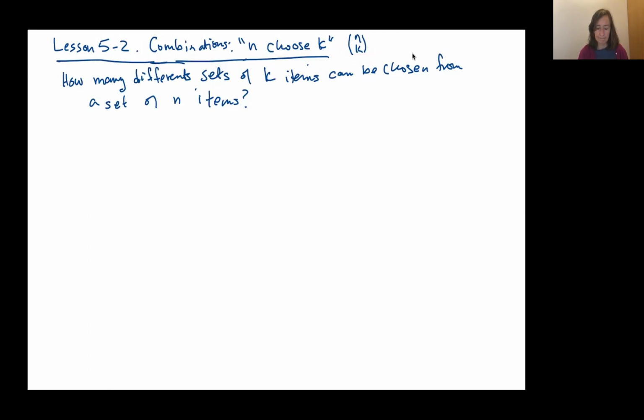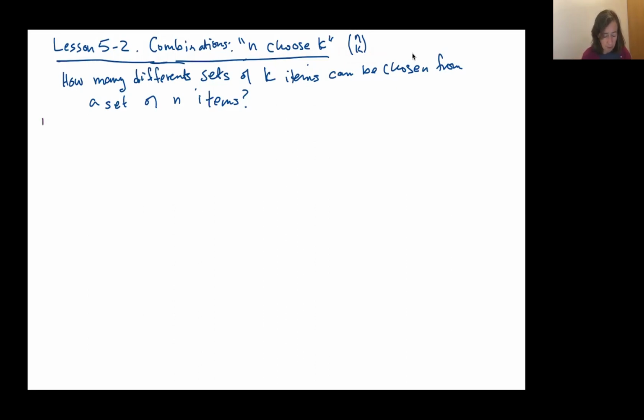So using a standard strategy here, let's pick some numbers that are small enough that we can see what's going on under the hood, and use that example to understand a formula that will apply to bigger numbers.